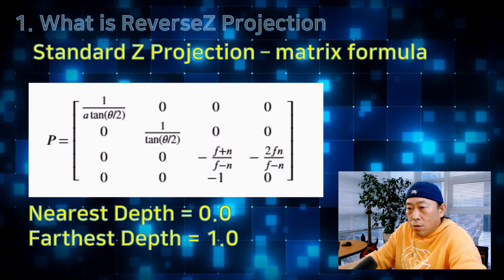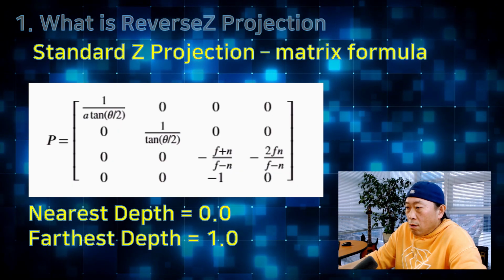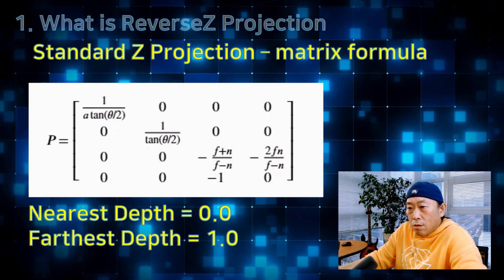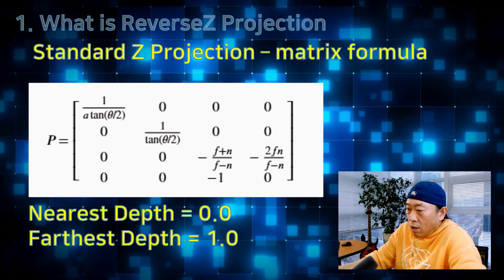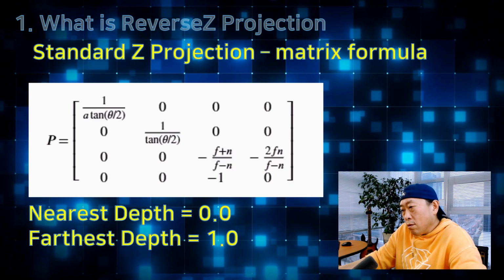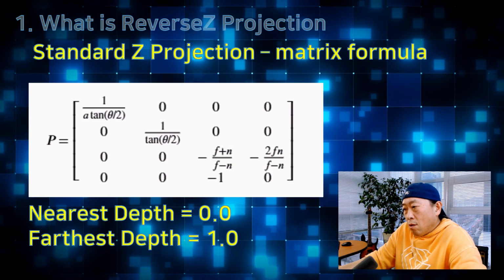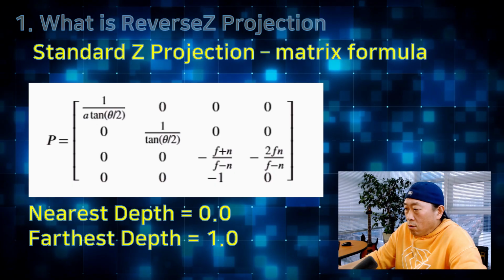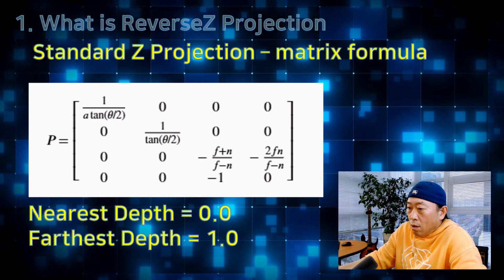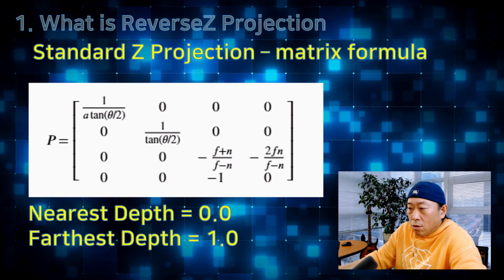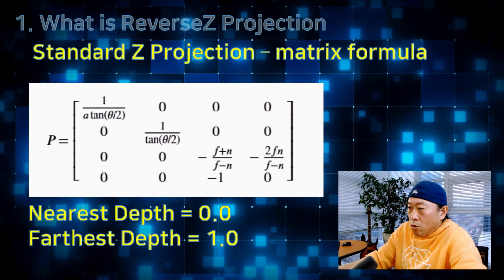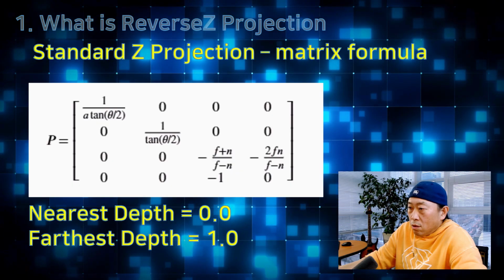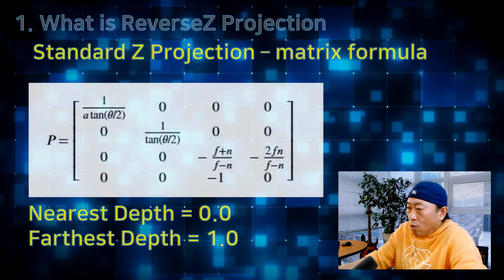Anyway, the resulting depth value is saved to the Z value, and it ranges from 0.0 to 1.0. The nearest depth is 0.0 and the farthest depth is 1.0.